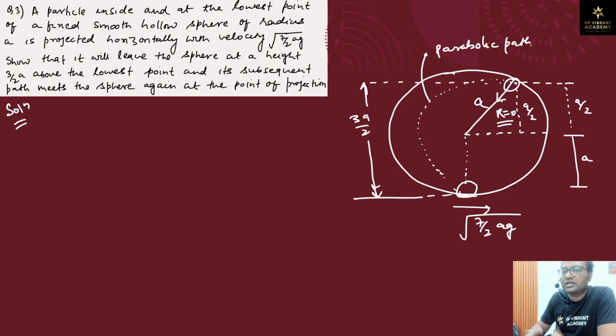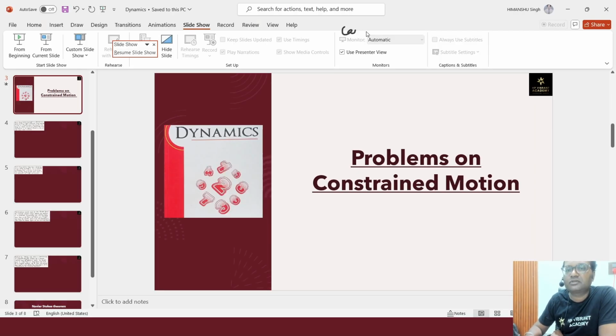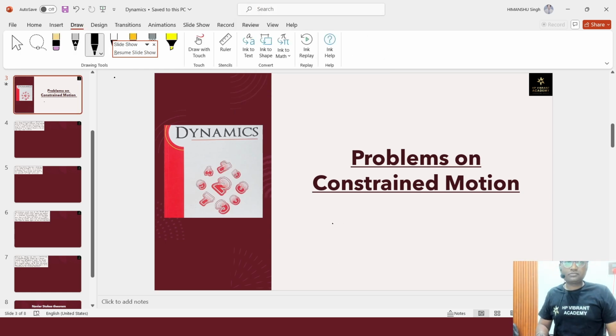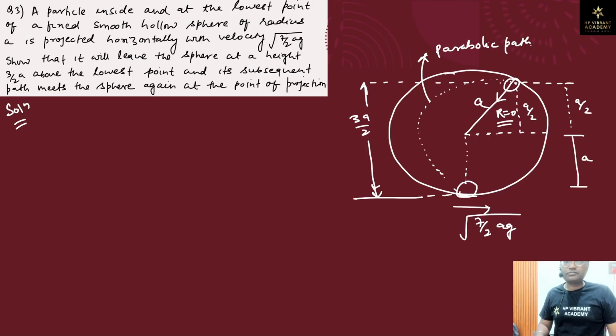So now the normal reaction becomes 0, so it will leave the circular path and rather follow the parabolic path. This I have discussed in case number 3 in the last lecture.